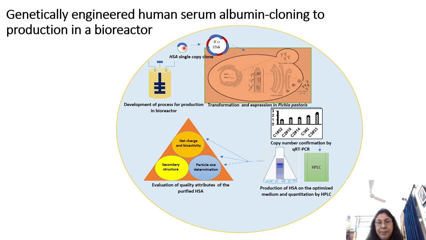In the previous case with insulin, the recombinant vectors were being transformed into E. coli, a bacterium used as an expression host. In this case, we are using the yeast Pichia pastoris.